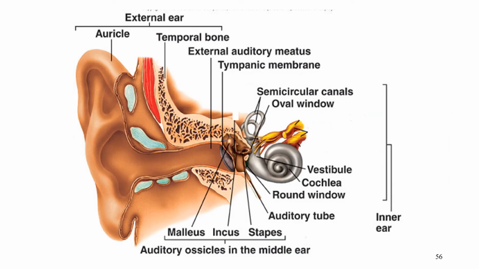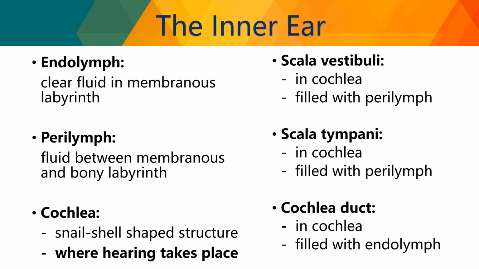Okay, so this is a bigger image from the external to the inner part of your ears. The inner ear has endolymph. This is a clear fluid in the membranous labyrinth. You can also see perilymph. It is a fluid between the membranous and the bony labyrinth.